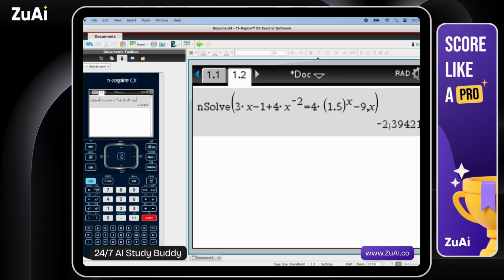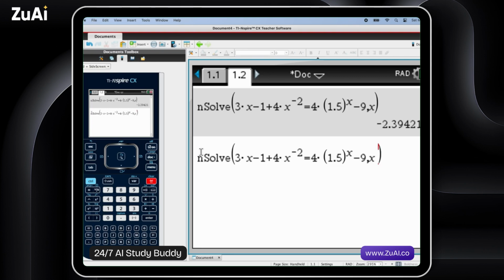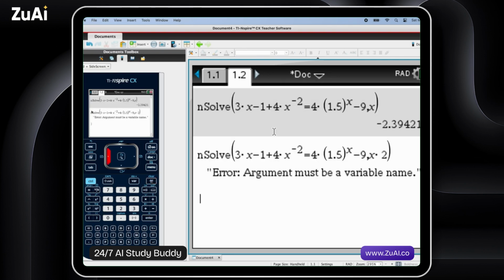It's finding the closest value. What NSolve is doing is finding the closest value to 0, and we know a value of 4 is actually further away. So taking this again, and asking NSolve to solve for something, let's say, beyond 2.